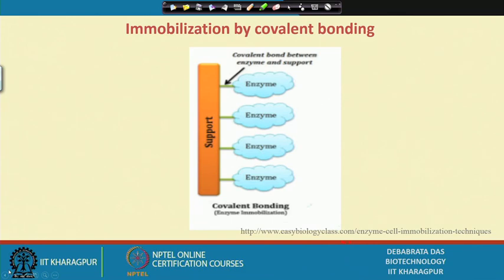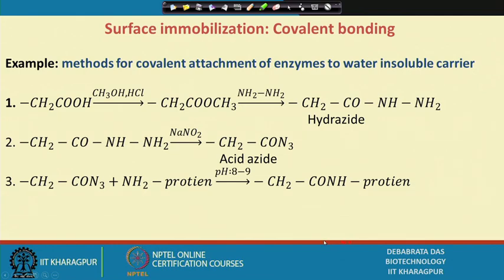So, this is an example of the covalent bond I showed you before, and this is the chemical reaction. Let me explain one or two steps. This is the carboxylic acid group, in the presence of methyl alcohol and hydrochloric acid. The methyl group will be attached, and then this is hydrazine.